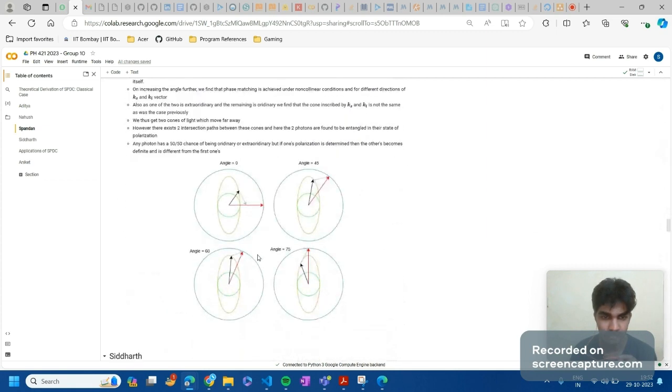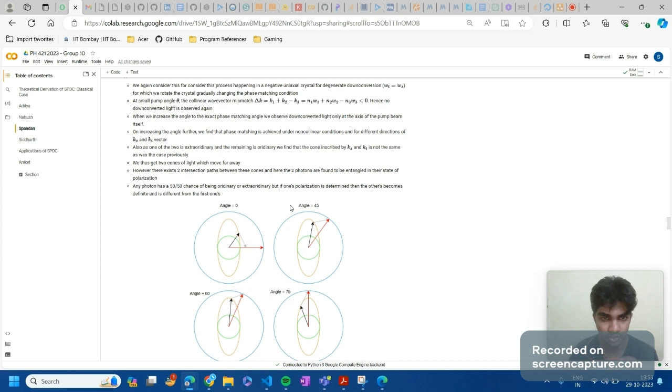But in type 2, both of these cones are different. So as you can see, the black vector forms some cone here in this plane, while the gray vector forms another cone, and both of them are very different. So this results in us getting two cones of light which continue to move far away.